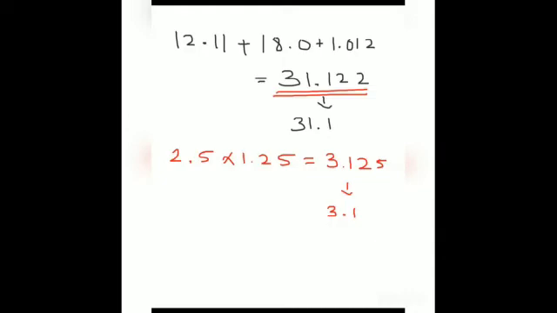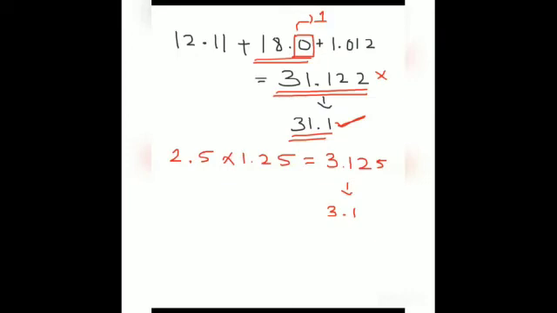When you keep the decimal, you have to write the number only as 31.1, because among the numbers that are added, the number 18.0 has 1 decimal place. So you have to see the minimum number of decimal places in the numbers which are added. So only 1 decimal place in 18.0. So we should not write 31.122. The result should be written as 31.1.